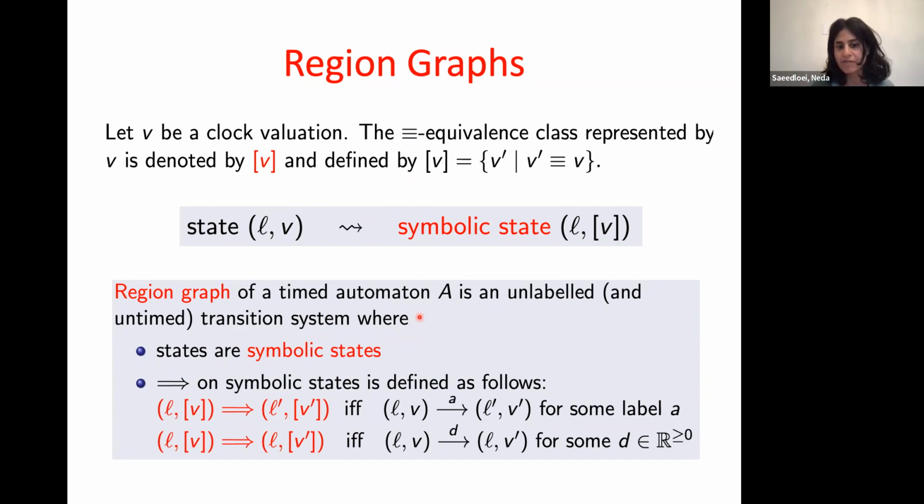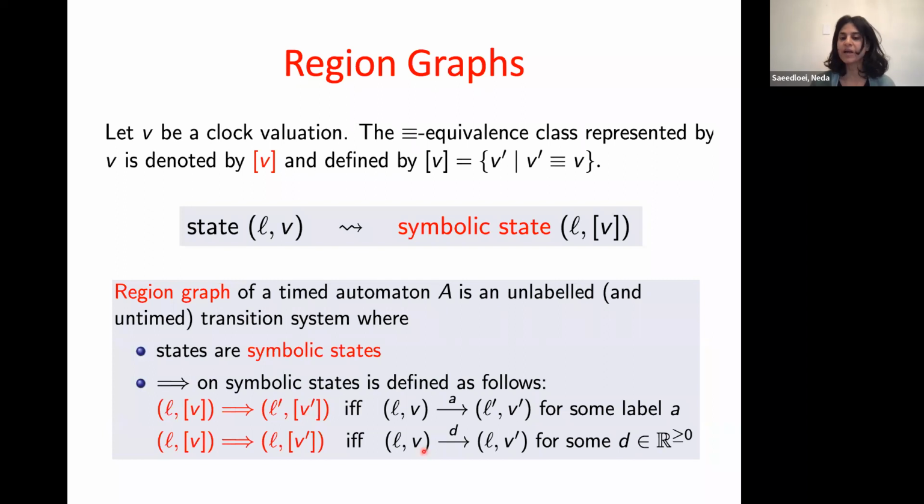Now, the region graph of a timed automaton is an unlabeled transition system where states are symbolic states and transitions are defined as follows. If in my initial transition system, I had a transition from L, V to L prime, V prime on some action A, then on the corresponding region graph, I'm going to have a transition from L and the equivalence class of V to L prime and the equivalence class of V prime.